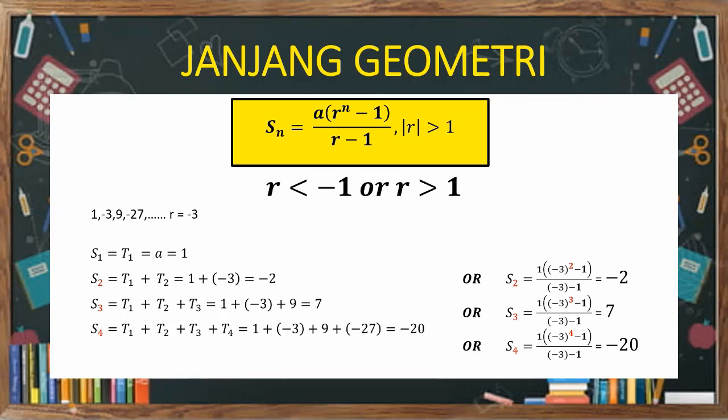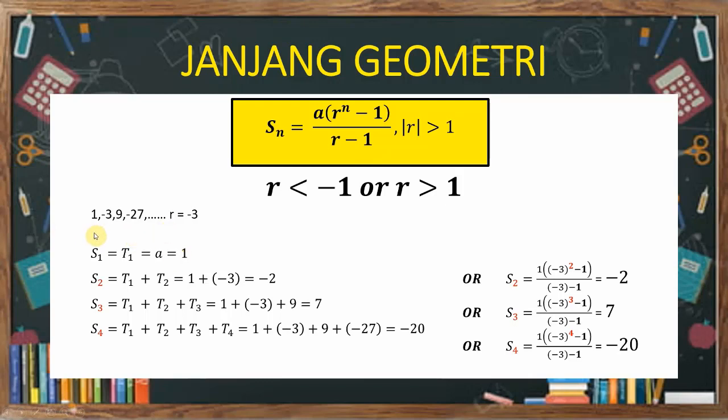Just now we discussed when r is in between negative 1 and 1. If r is not in that range, when r is less than negative 1 or r is more than 1, this is the formula.